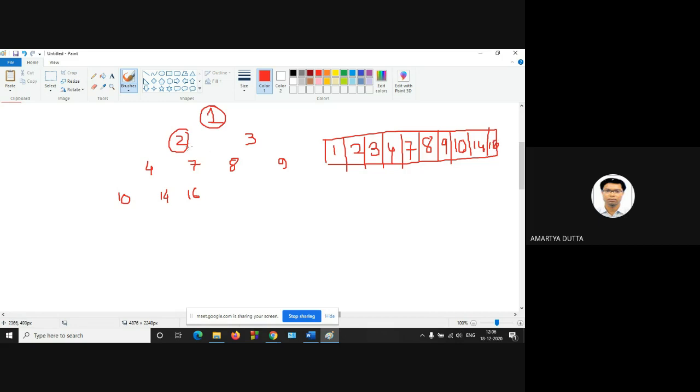So this is the heap sort. Any queries? Any queries related to the computation? No, sir.